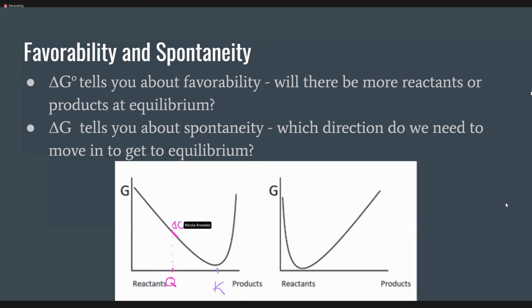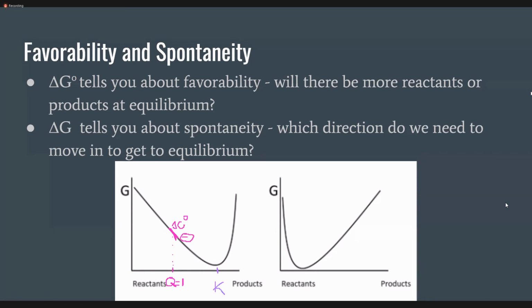So if Q lies to the left of K, that means delta G naught is negative. Sorry, I should write Q equals 1. So if Q lies to the left of K, delta G naught is negative, which means we have a higher concentration of products at equilibrium than reactants.